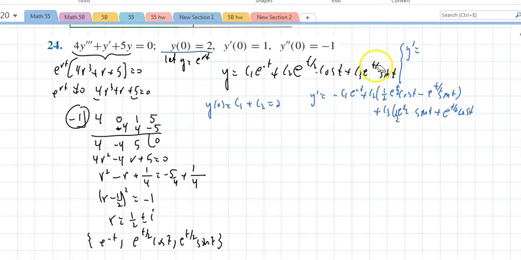I think I wrote t over 3. I meant to write t over 2. We know how that works.